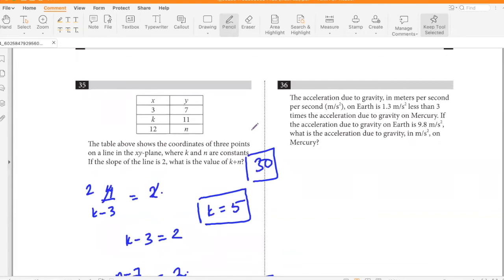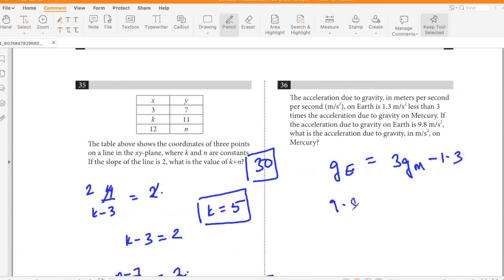The acceleration due to gravity in meters per second on Earth is 1.3 meters per second square less than 3 times the acceleration due to gravity on Mercury. If the acceleration due to gravity on Earth is this, what is it on Mercury? Okay, so G on Earth is 3 times G on Mercury minus 1.3.